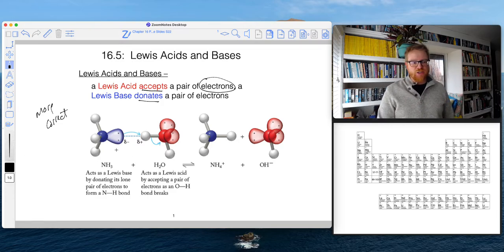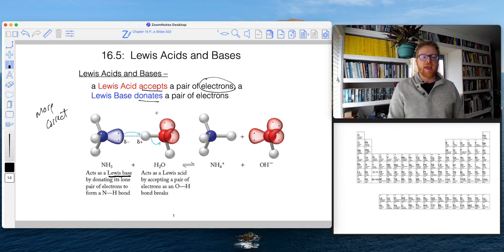So you can see this NH3, if we were to draw its Lewis structure, we would find that it has that lone pair right here, okay? And we know that the NH3 becomes NH4 plus, ammonium. It's making a nitrogen-hydrogen bond, and it makes that bond by donating this pair of electrons to the hydrogen on water. So the ammonia is acting as a Lewis base because it's donating electrons. And then the water is acting as a Lewis acid because it's accepting those electrons.